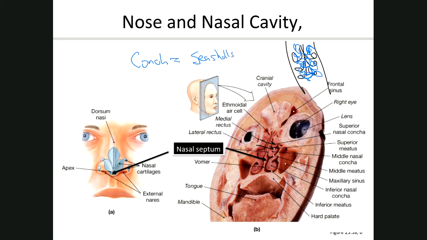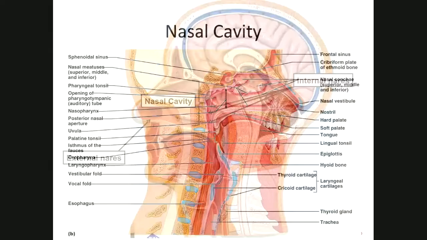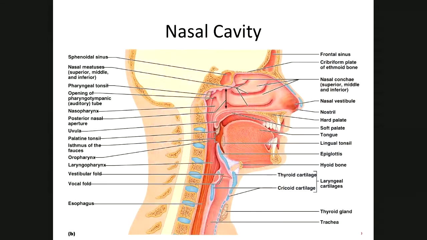Collectively, they're called turbinates because they create turbulence in the air. And look, there are three of these. If we go back to this picture, we can see those three right here. So we have a superior, middle, and inferior nasal concha.